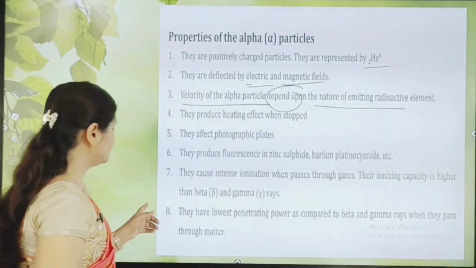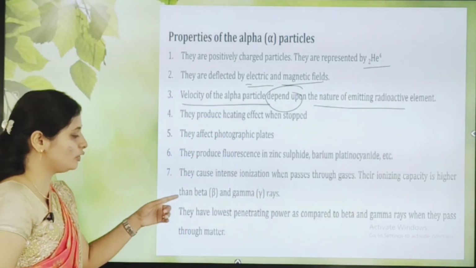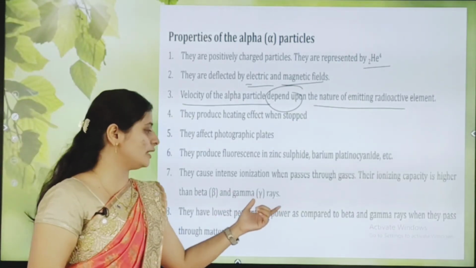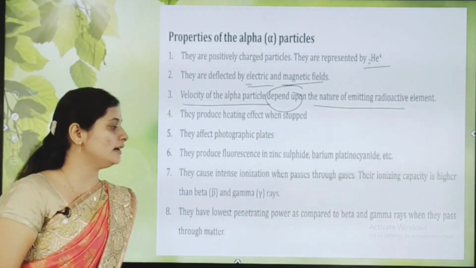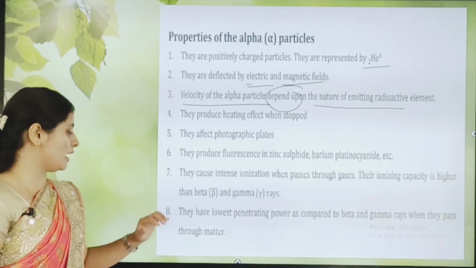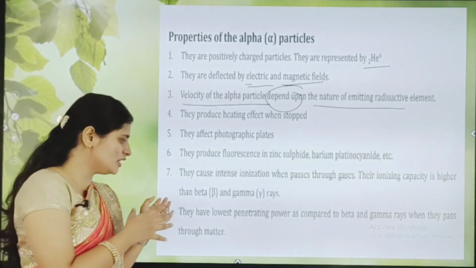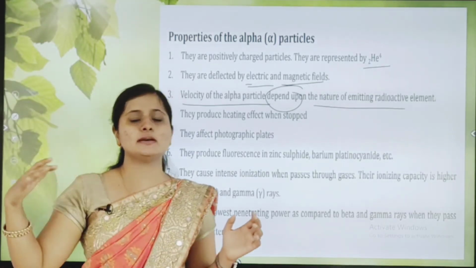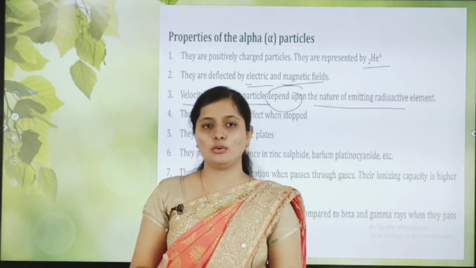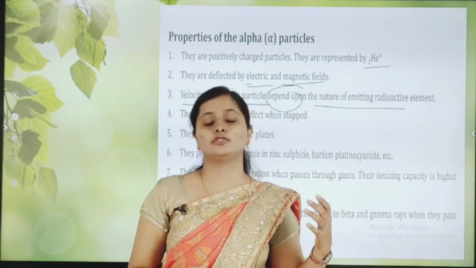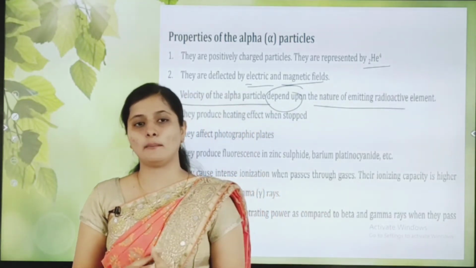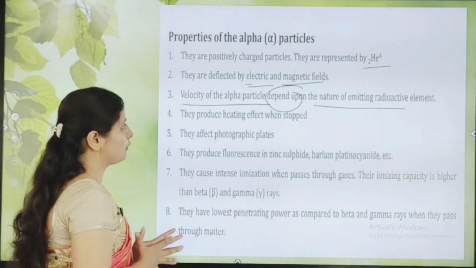And next, the eighth one: they have the lowest penetrating power compared to beta and gamma rays when they pass through matter. The penetrating power, meaning passing power, is low compared to beta and gamma. Okay, these are the properties.